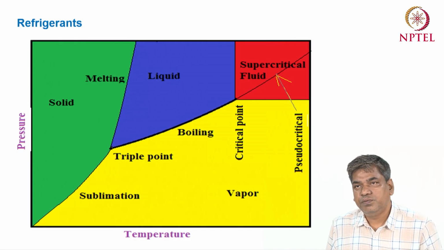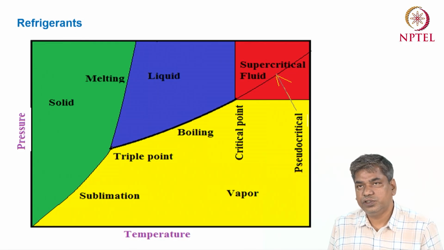But for most of the other refrigerants, we are interested in between the triple point pressure and the critical point pressure. So for the subcritical vapor compression cycle, the main criterion is that we have to maintain the evaporator pressure higher than the triple point pressure and the condenser pressure lower than the critical point pressure.